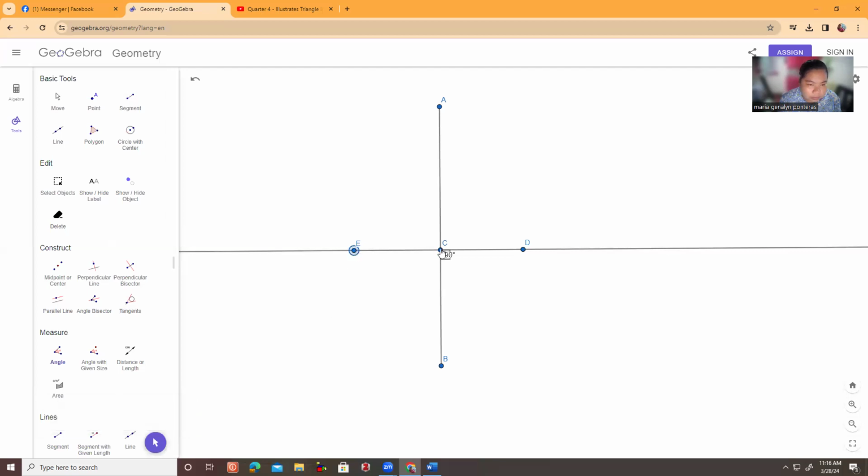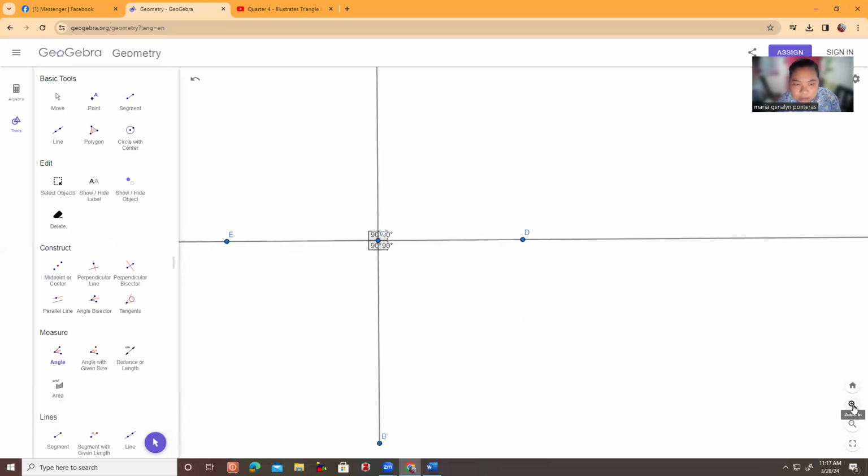So we want 3 points. So that's 90 as well. Let's have another one. That's also 90 degrees. And let's have the last one. Okay, so that's 90 degrees.